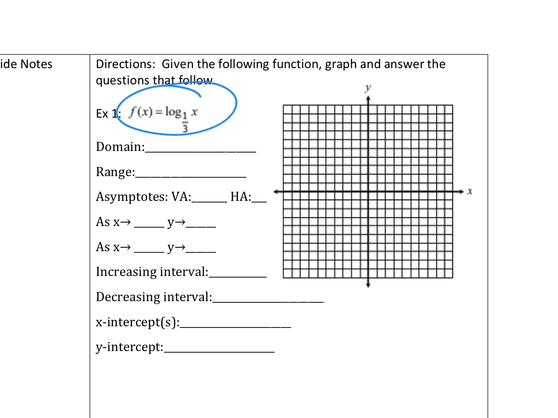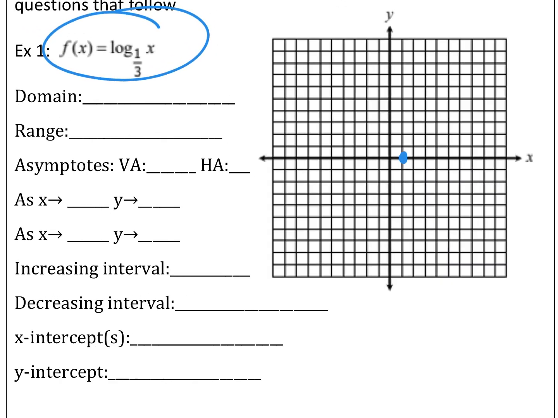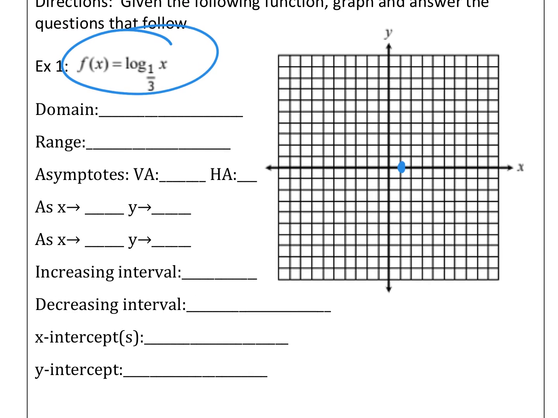1, 0. What else? Five 1.4. Okay. And then what about the asymptote here? What do we think the asymptote is? Zero. Good, Ava.